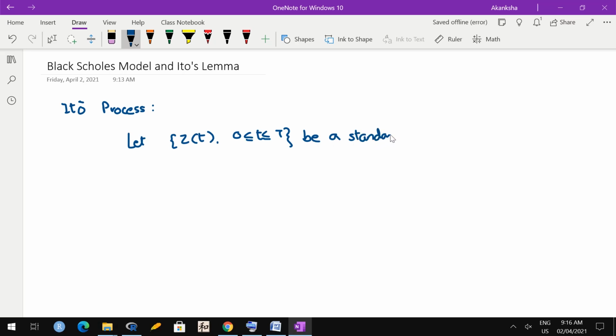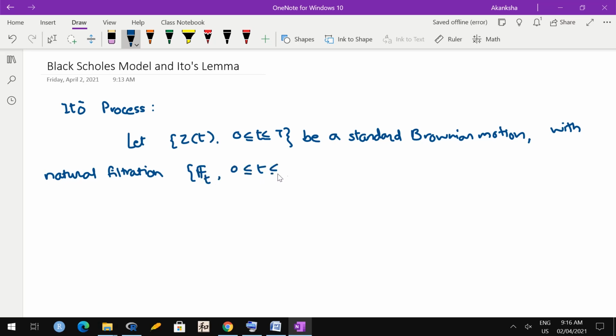We would generally use this same notation for standard Brownian motion, that is Zt, with respect to its natural filtration Ft. I hope you remember what is meant by natural filtration. Ft is again defined on the same interval.